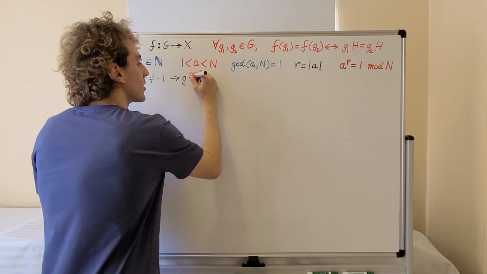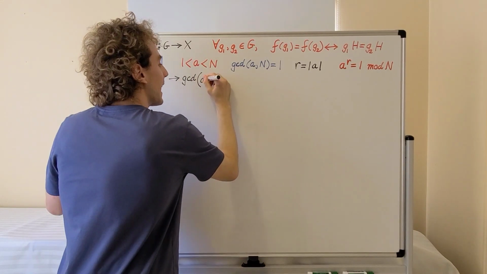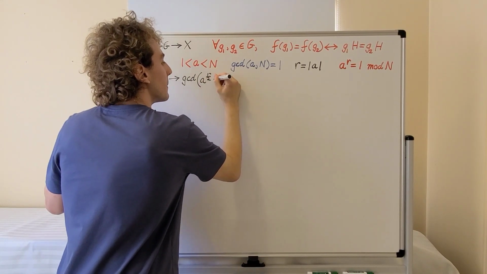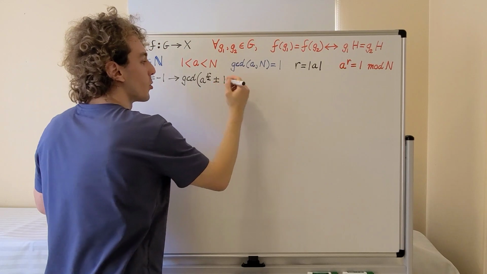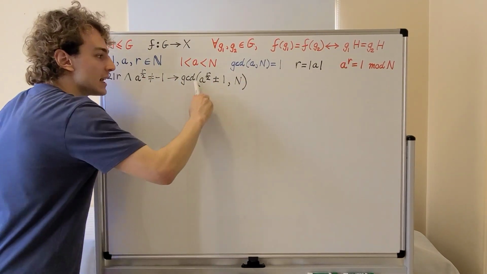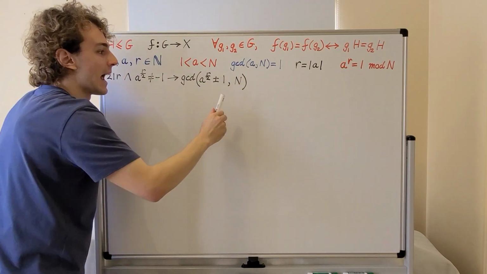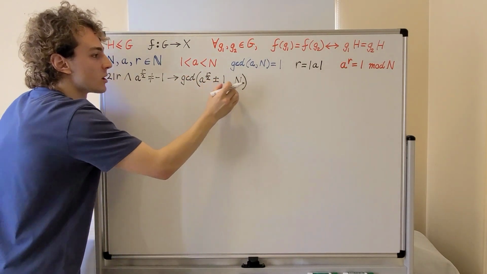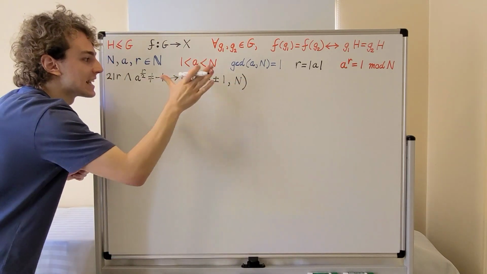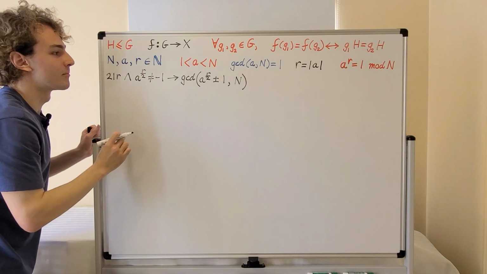The greatest common divisor of the quantity a to the r over 2 plus or minus 1, those are the two options, with n. So if we consider these two quantities with this plus or minus possibility, and we compute the greatest common divisor of this quantity with n, then we're going to have a guess. And that is going to be a guess for a factor of n.